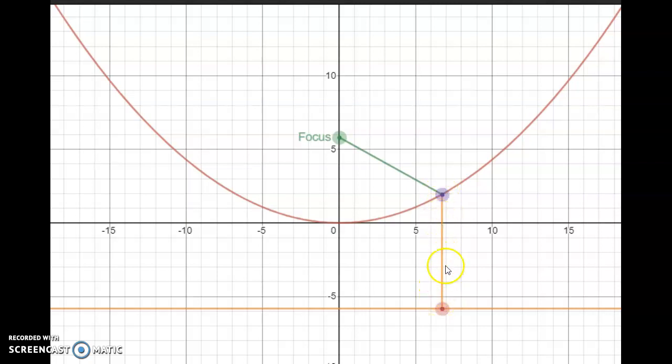No matter where we are on the parabola, these two distances are going to be equal. Go ahead and take a look. You can visually see that they are equal as we move along the parabola.